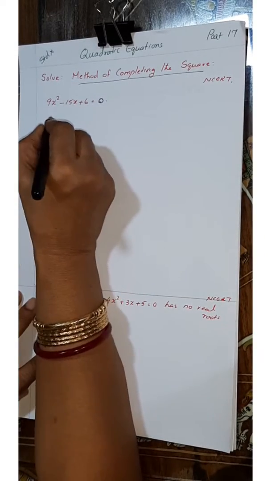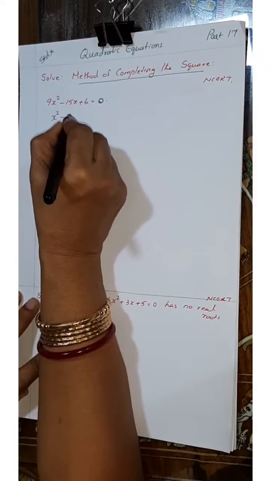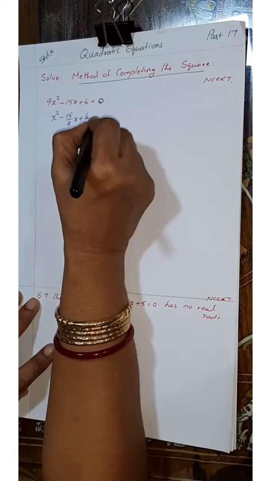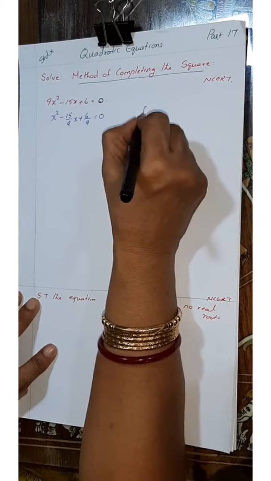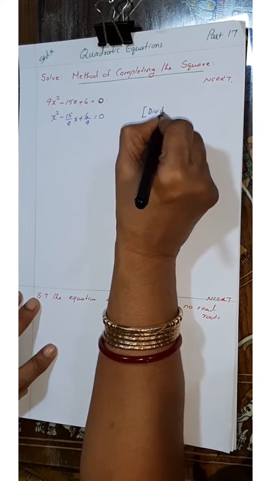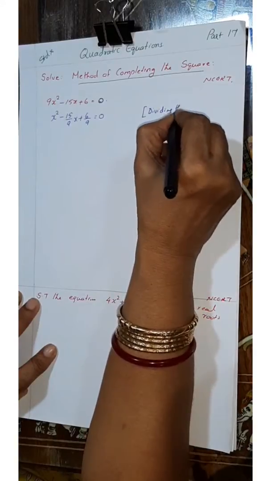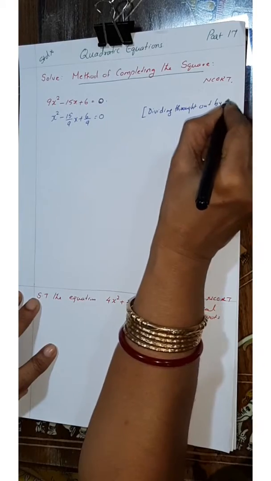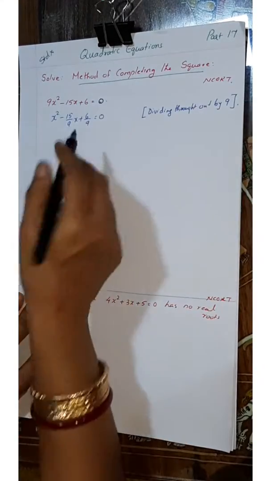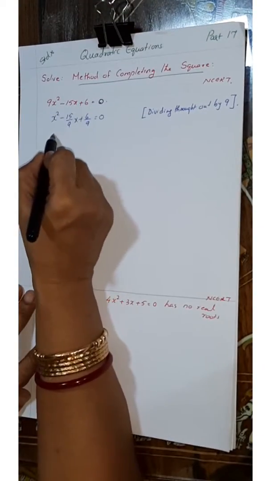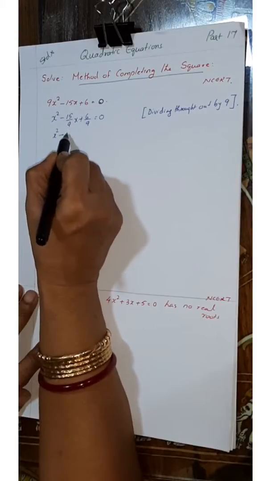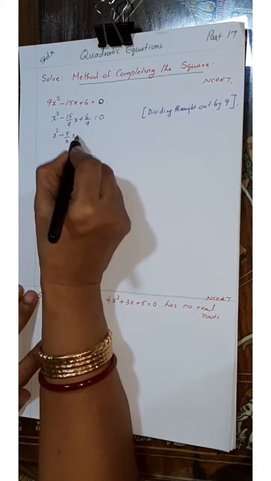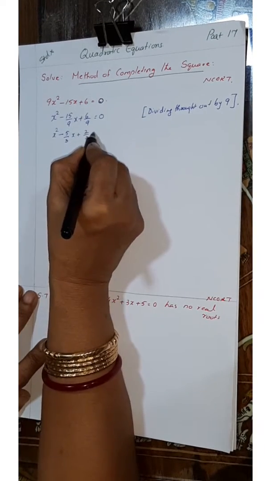So x squared minus 15 by 9x plus 6 by 9 equal to 0. So dividing throughout by 9, this will become x squared minus 5 by 3x plus 2 by 3 equal to 0.